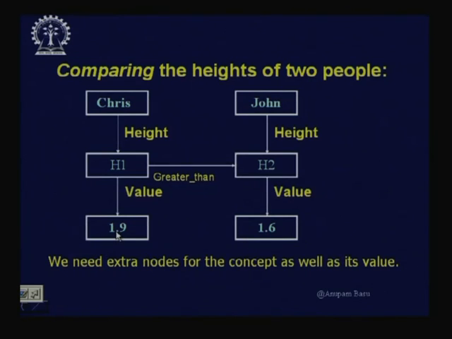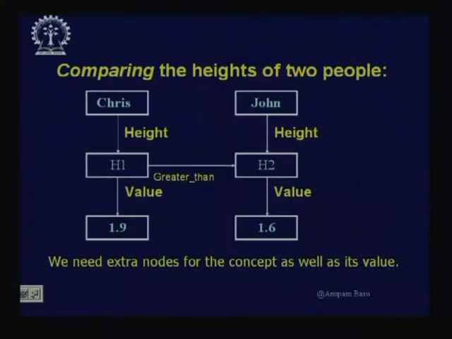But you can see that in order to achieve this, we had to incorporate extra nodes for the concept as well as its value. We had to add two new nodes h1 and h2, and also we had to incorporate another relationship called value.